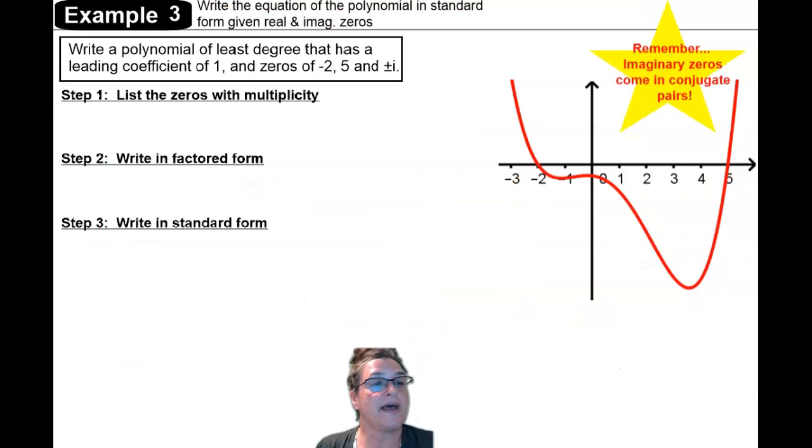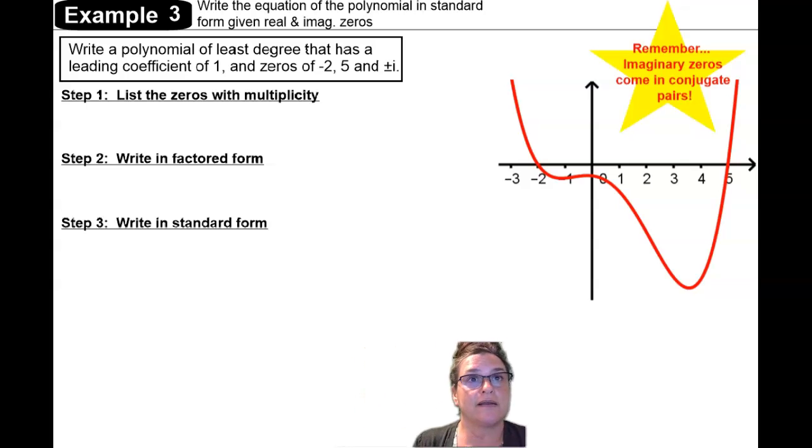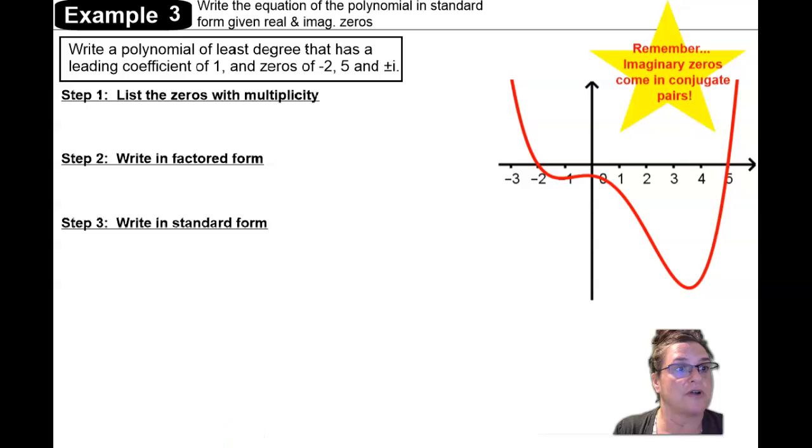Okay, so now that we've looked at a review of imaginary zeros, we can go ahead and try example 3 together. So we've got a leading coefficient of 1, zeros of x equals -2, and we see that's a cross at -2, so that's going to be a single root, x equals -2.